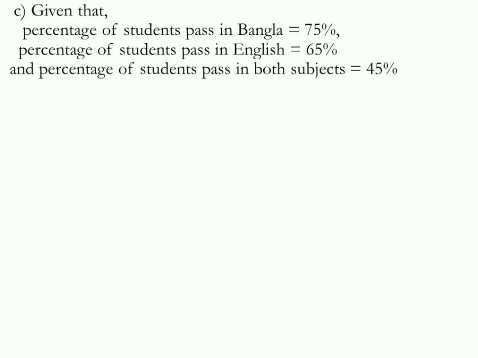For that we need the information: percentage of students who pass in Bangla, percentage of students who pass in English, and percentage of students who pass in both subjects. Now this was expressed in numbers. In B we have just copied that: number of B equal to 75%, number of E equal to 65%, and number of B intersection E equals 45%.